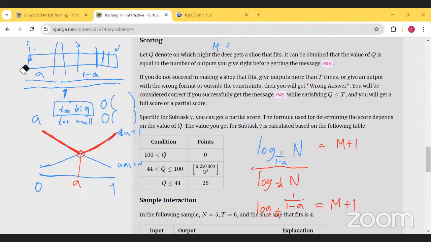And then what does it mean? It means 1 divided by A to the power of m plus 1 is equal to 1 divided by 1 minus A. And then just move it to the right. This is A to the power of m plus 1, and then this is 1 minus A. Okay, we got this formula. So the value of A is like this.